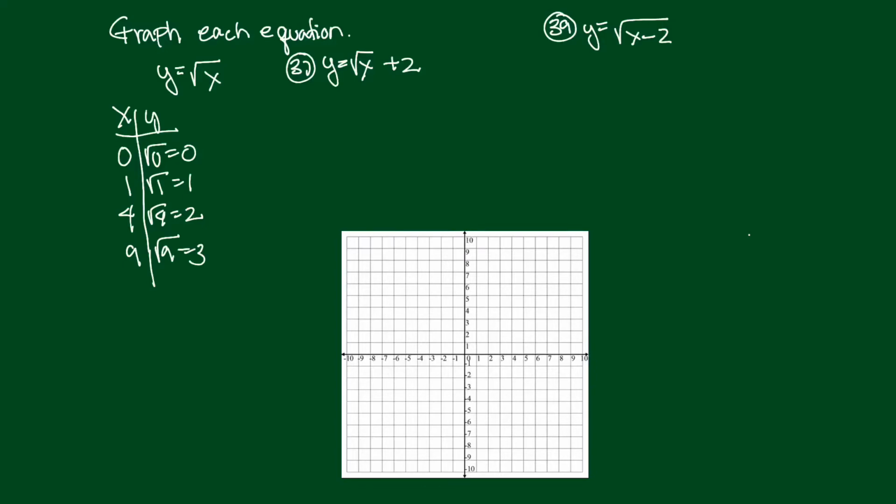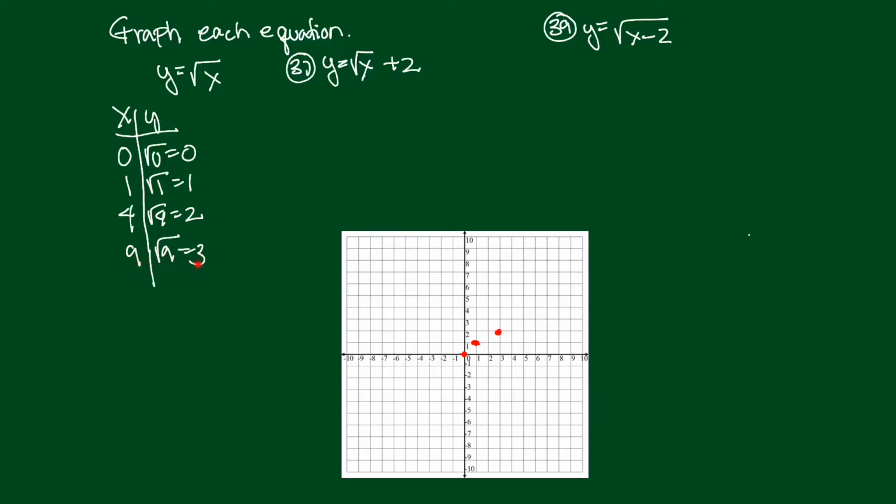So let's plot these points. 0, 0 puts us right here at the origin. So I'll put a point at the origin. And then what's the next one? 1 and 1. So to the right 1, up 1. And then what's next? To the right 4, up 2. So start at the origin, move to the right 4, up 2, and then one more.